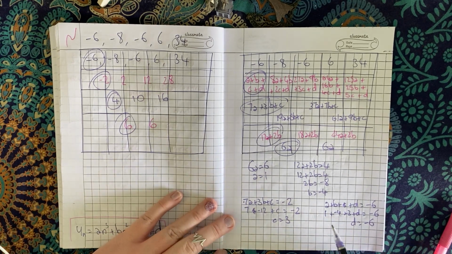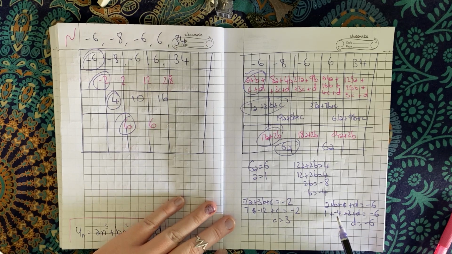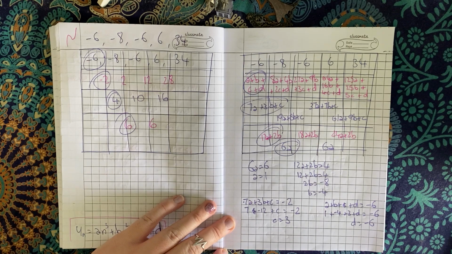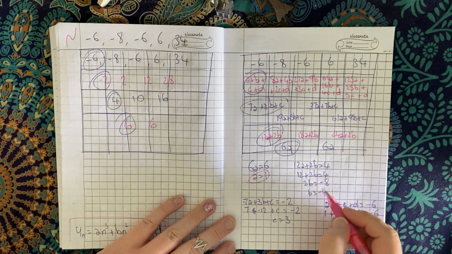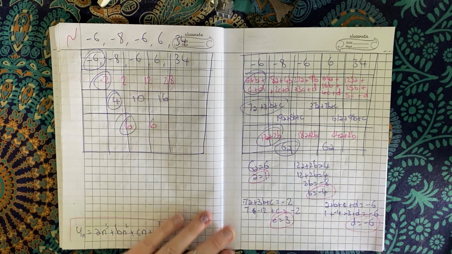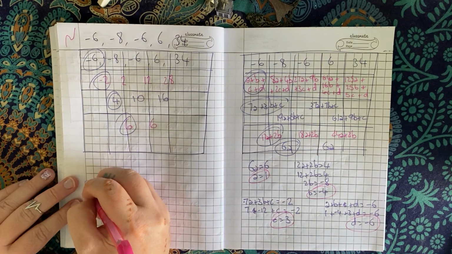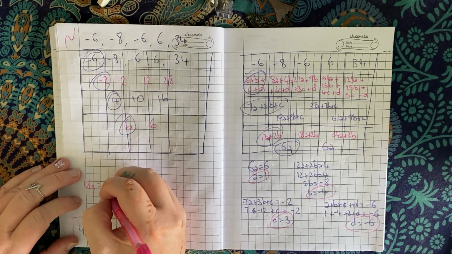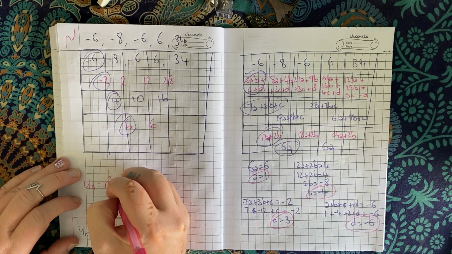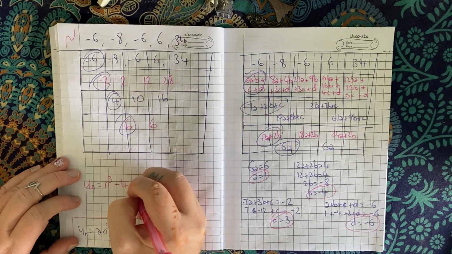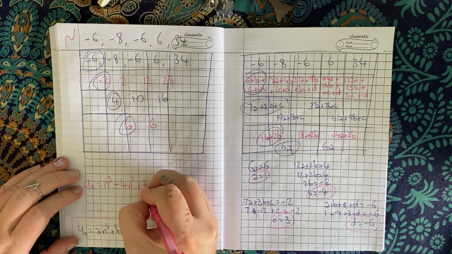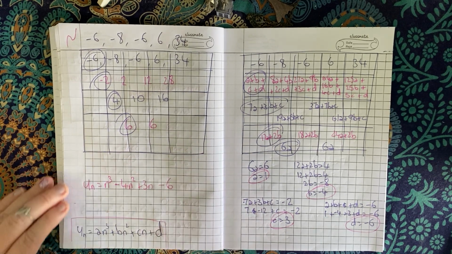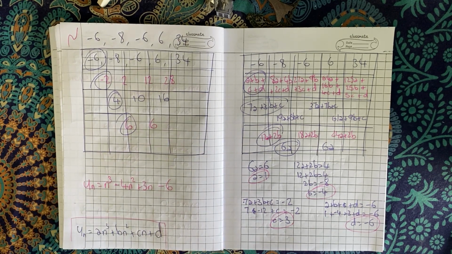These things are all cancelling out, right? 1 minus 4 is negative 3 plus 3 is 0. So great. All right, so now that I have my 4 values, I'm going to write it like this. So the nth term, a is 1, so I've got n cubed minus 4n squared plus 3n minus 6. So that should be your final equation.